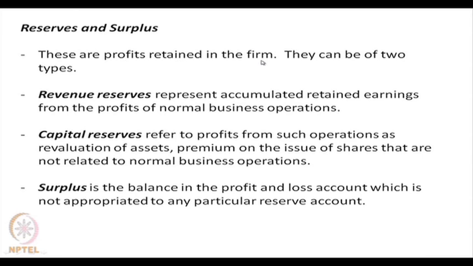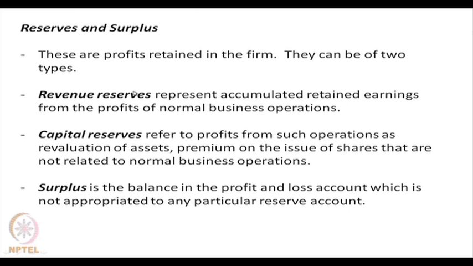If you recall, it is something like this: from out of the net profit, taxes and interests are paid, and from the amount that is retained after payment of interest and taxes, dividends are paid to the shareholders, and after paying the dividends, what is retained is actually called earnings. These earnings are retained by the firm.